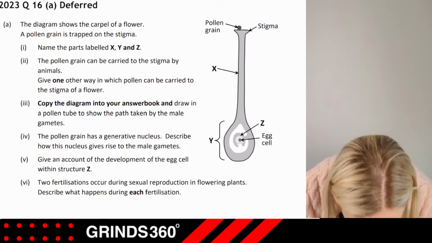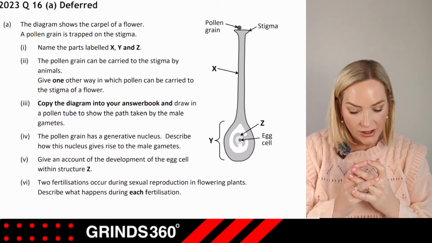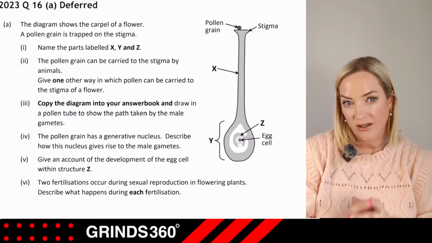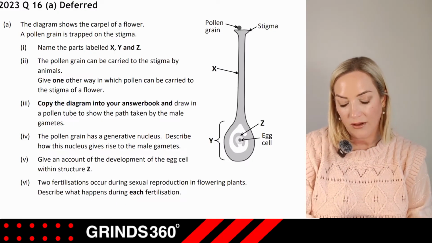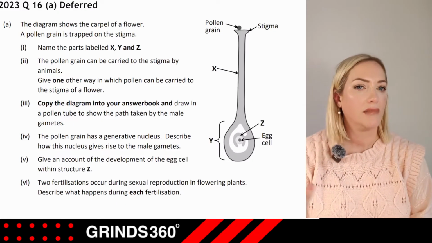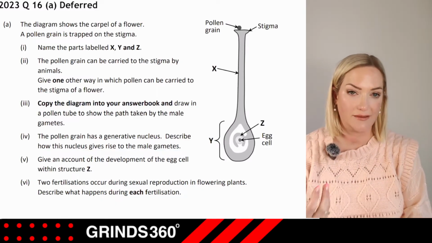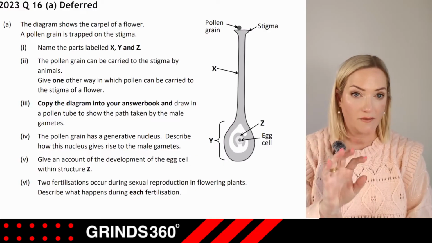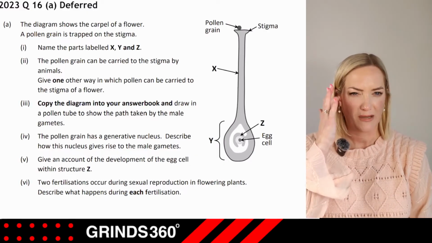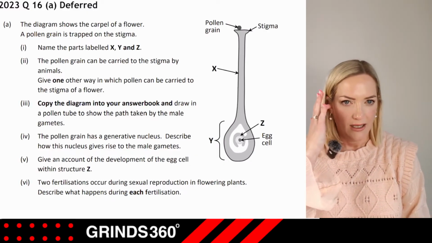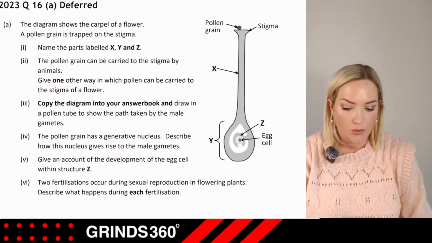Can you leave out human reproduction? You could, if you wanted to. It was all about the male last year. I suspect it'll be about the female this year, but you could leave reproduction out. Last year reproduction fell in question 16 or 17, I think it was 16, so it was a 30-mark question.